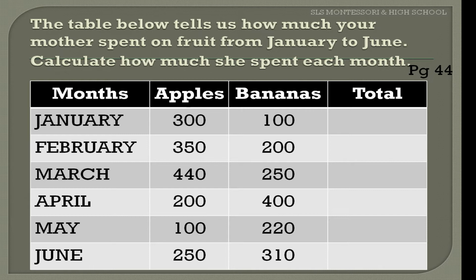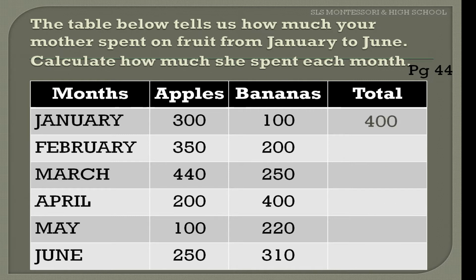Calculate how much she spent each month. She bought apples of rupees 300 and bananas for rupees 100. Now tell me how much money she spent in the month of January. You have to add these two numbers.